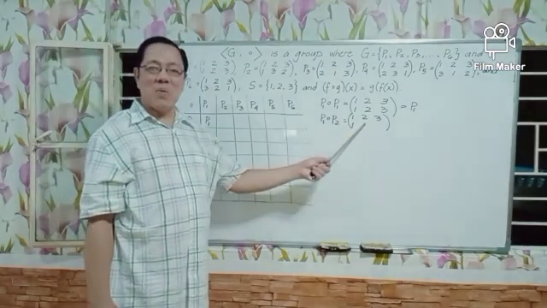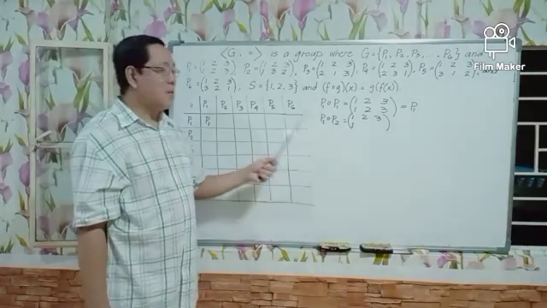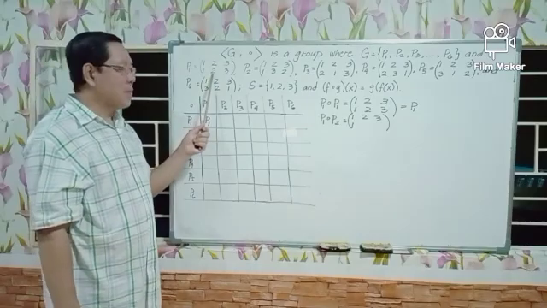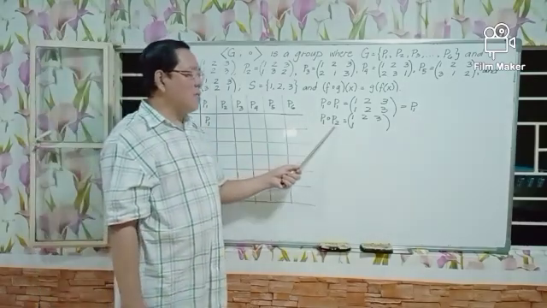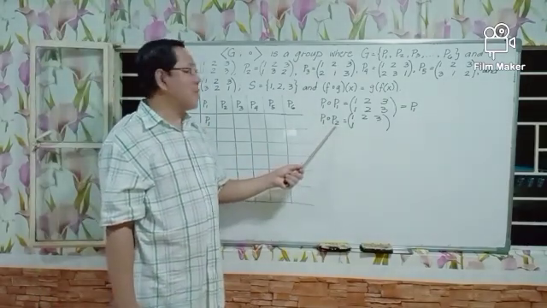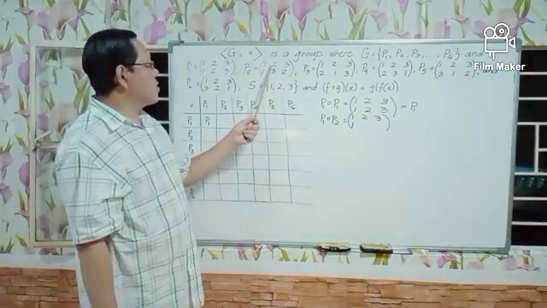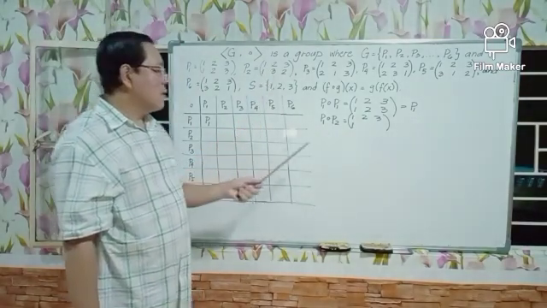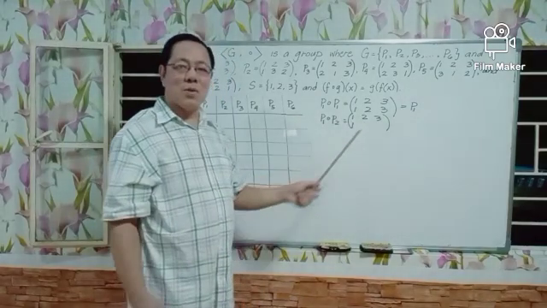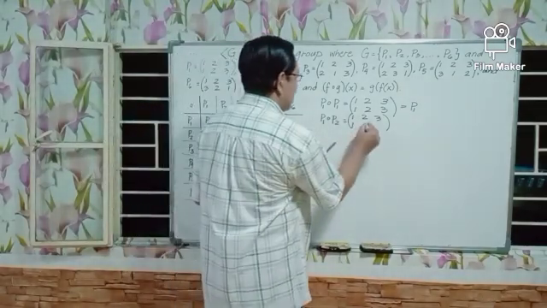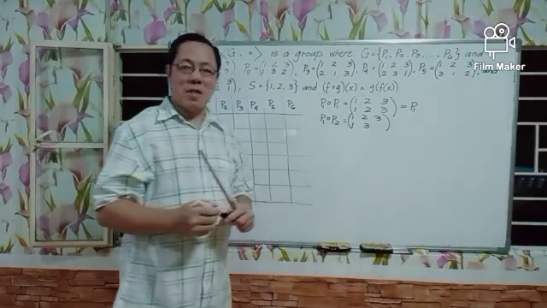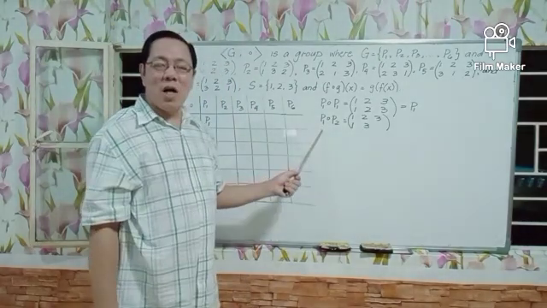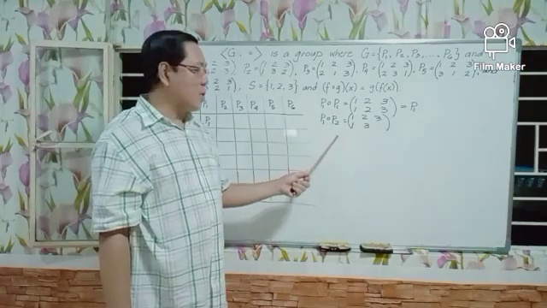Now we find the image of 2 under P1. The image of 2 under P1 is 2. And we now find the image of 2 under the function P2. Under P2, the image of 2 is 3. Therefore, 2 is assigned to 3 under the composition of P1 and P2.